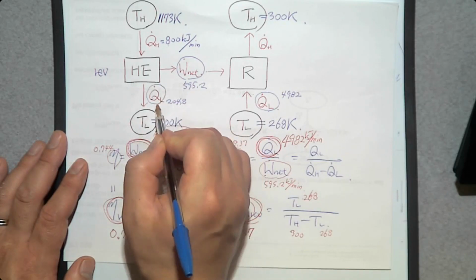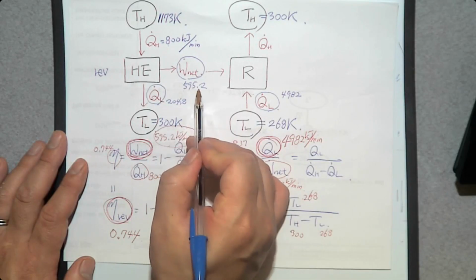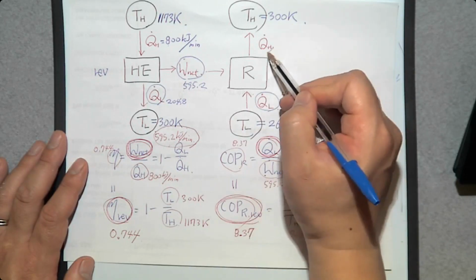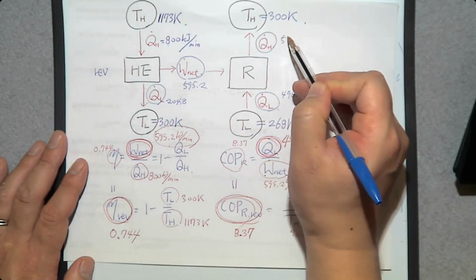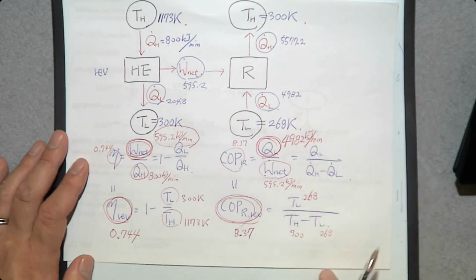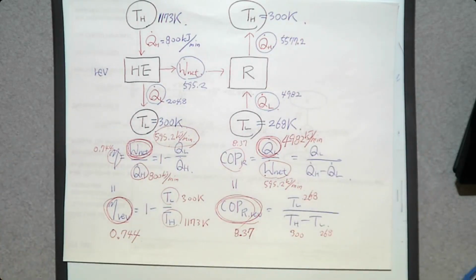This is Q dot L, and 595.2 plus 4,982 is going to be this one, 5,577.2. Now we have the rate of heat transfer in every direction.